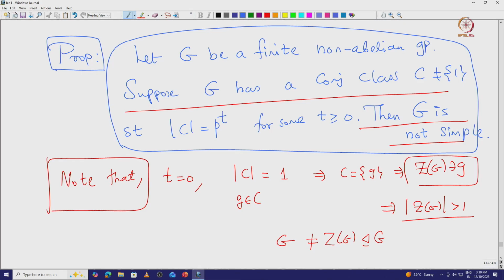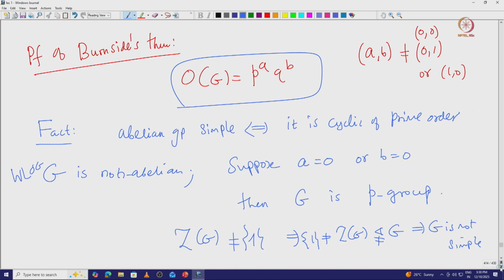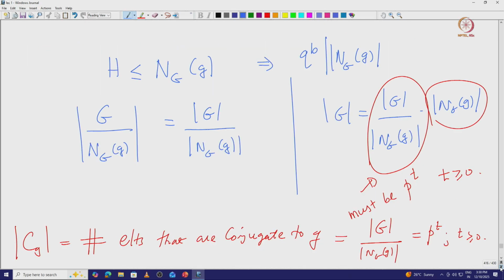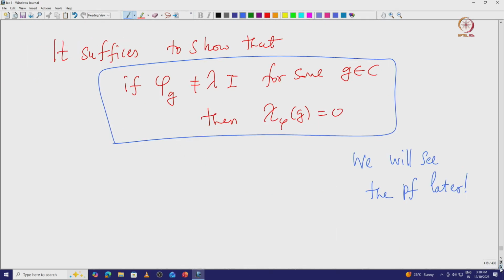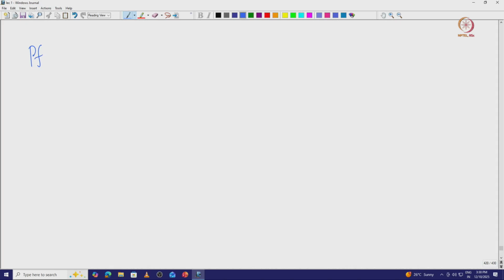So, how are we going to prove the proposition? What we want to prove is this: we take a finite non-abelian group G that has a conjugacy class different from identity whose cardinality is p power t for some t greater than or equal to 0. Then we claim that G is not simple. So, let us fix a non-abelian group satisfying those properties. Proof of the proposition.